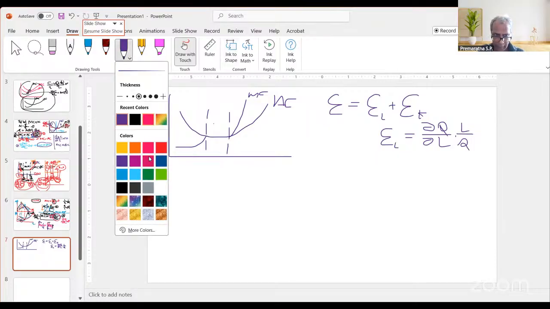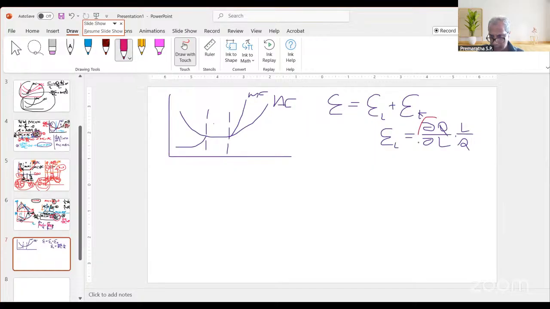But here, this part is familiar right now: that is the marginal product of labor. And this part, you may not know exactly, but we already did it: 1 divided by the average product of labor. This we also did 2 weeks ago.